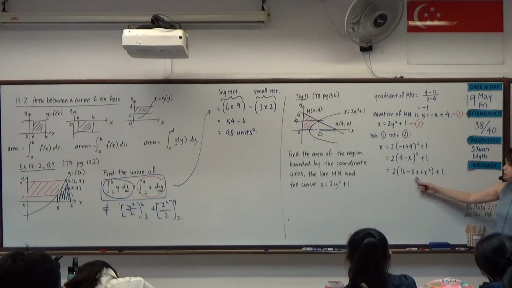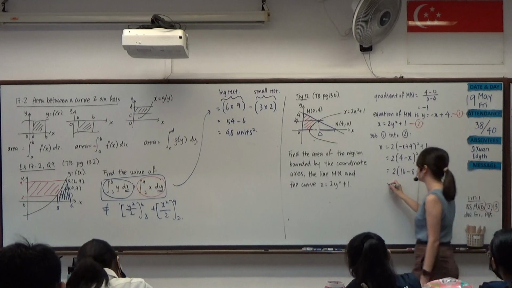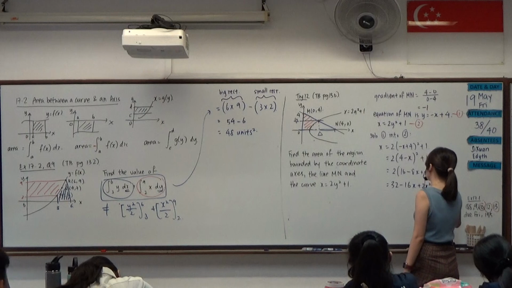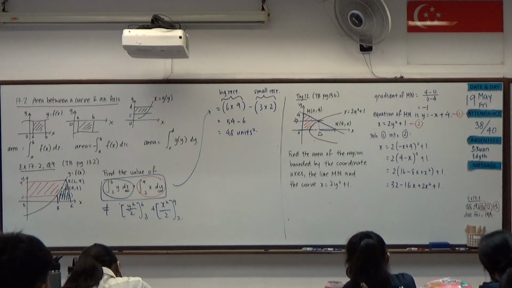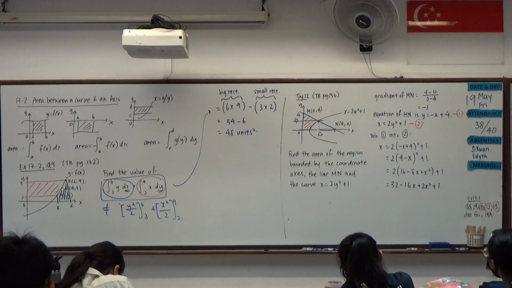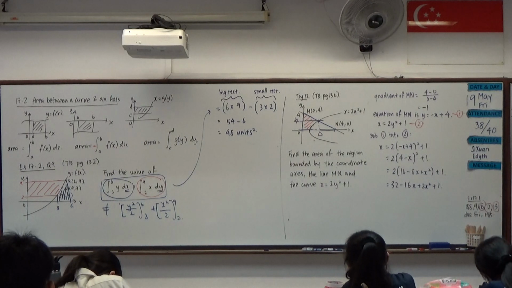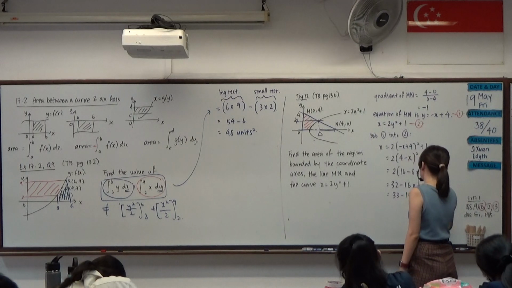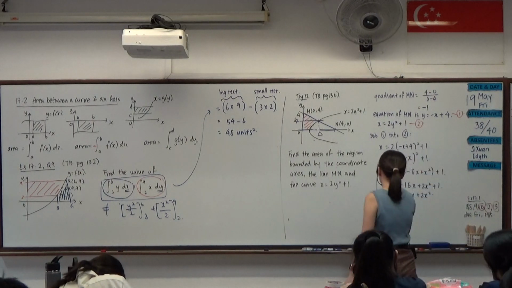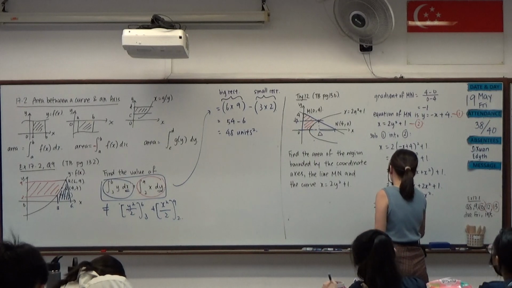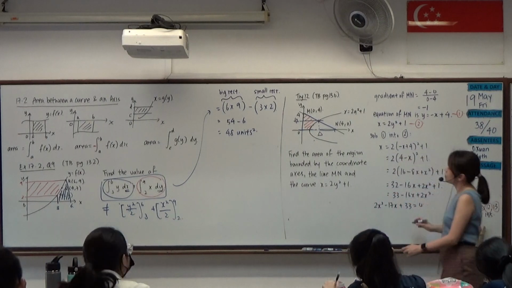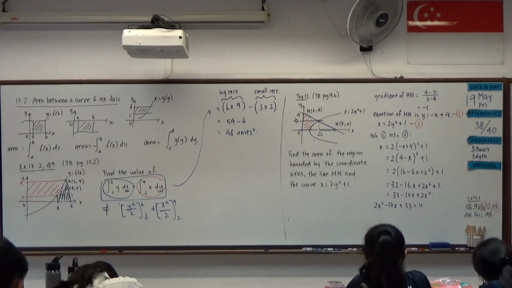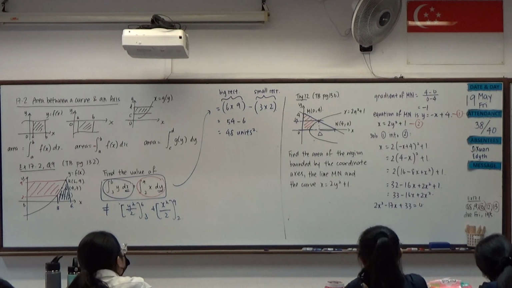So we get 16 minus 8x plus x squared. Moving everything to the right side, we are looking at solving a quadratic equation, 2x squared minus 17x plus 33.